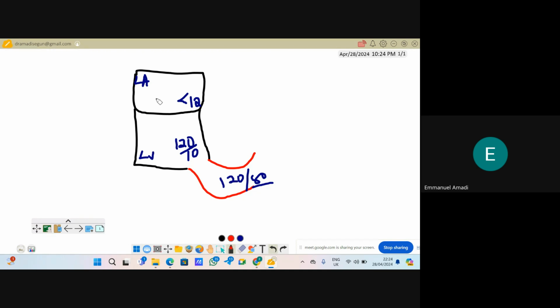Now, when this blood is in the left atrium, we want to empty that blood to the left ventricle. The blood is here now at the left atrium. It is the job of the atrium to empty that blood into the left ventricle. But now look at what I want you to observe. The left ventricle has a pressure of 120 over 10, meaning the pressure can rise up to 120 and it can fall as low as 10.